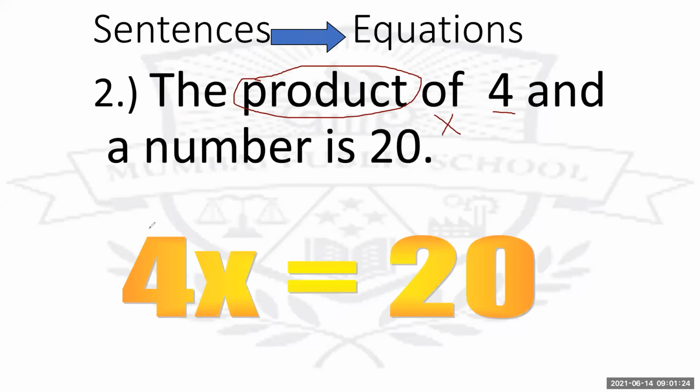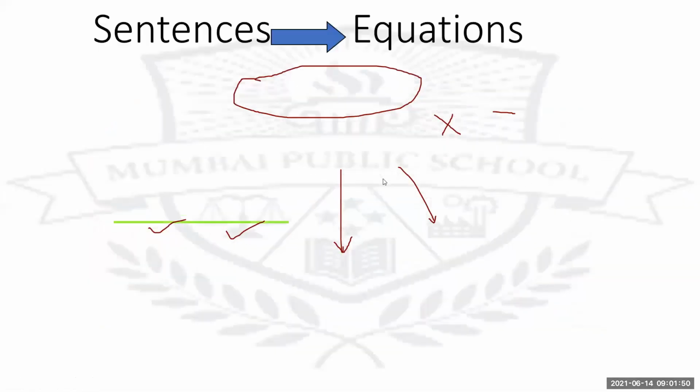So here you have written 4, and a number. That number you are considering as x. Is means equal to sign, and 20. So 4x equals 20. Product, multiplication sign, is equal to sign, 20. Is this clear to all the students?